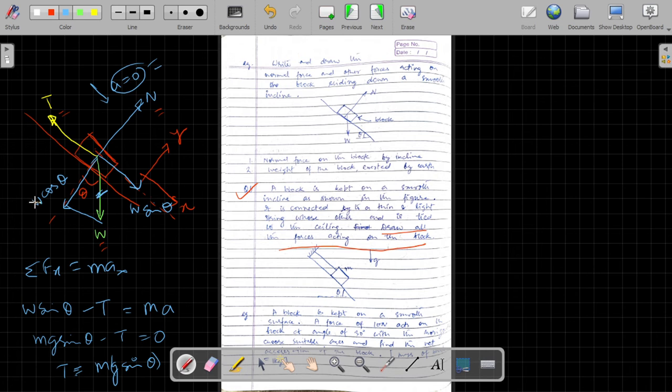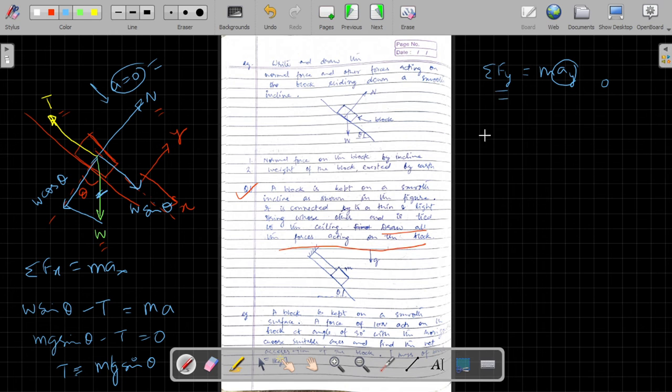Next, what is the normal reaction acting on the block? So the normal force acting on the block is w cos theta. We came about this from the equation: sum of force along y-axis is equal to mass times acceleration in y direction. So what is the acceleration along y direction? The acceleration along y direction is 0.